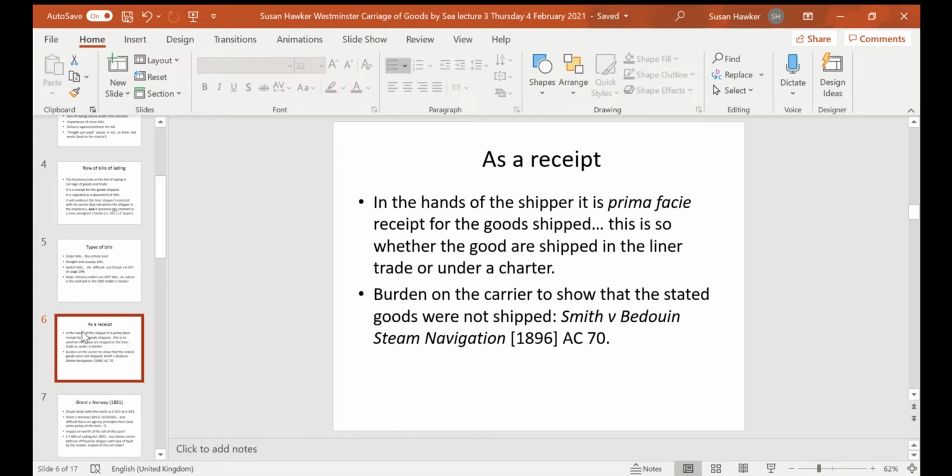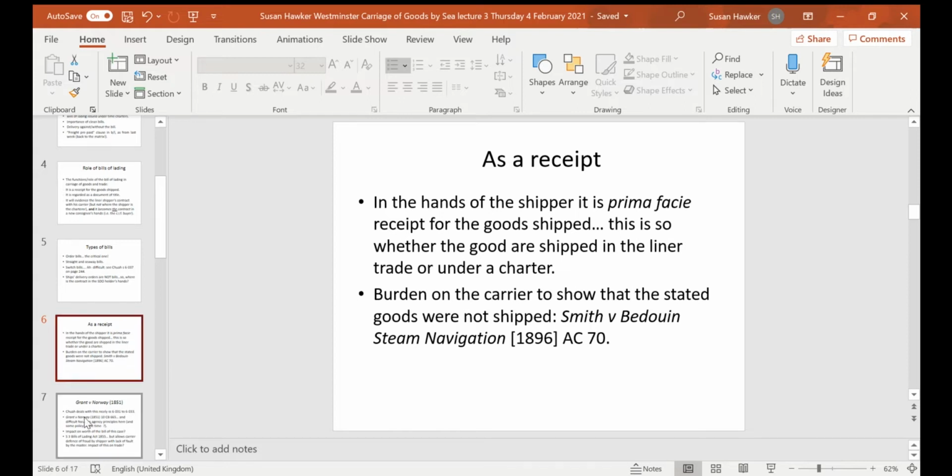And the person wanting to refute the statement in the bill of lading about the goods is the one who has to show that the statement is not true. And generally this will be the carrier, but not always. But it is always the person seeking to show that the bill's worth as a receipt should be refuted who has to prove that what's in the bill is not actually the reality.